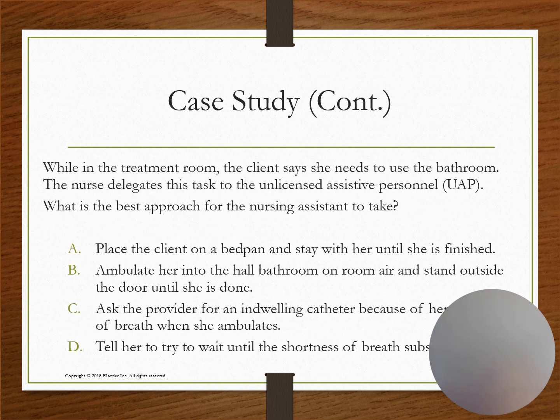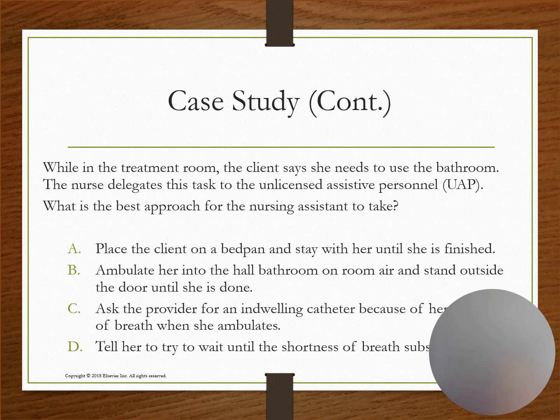While in the treatment room, the client says she needs to use the bathroom. The nurse delegates this task to the UAP. What is the best approach for the nursing assistant to take? Should the UAP place the client on a bedpan and stay with her until she's finished?